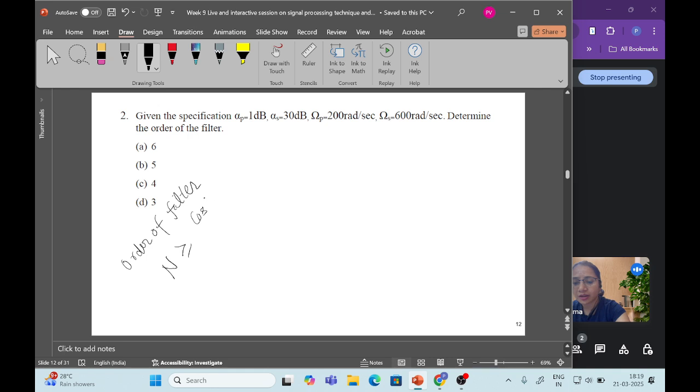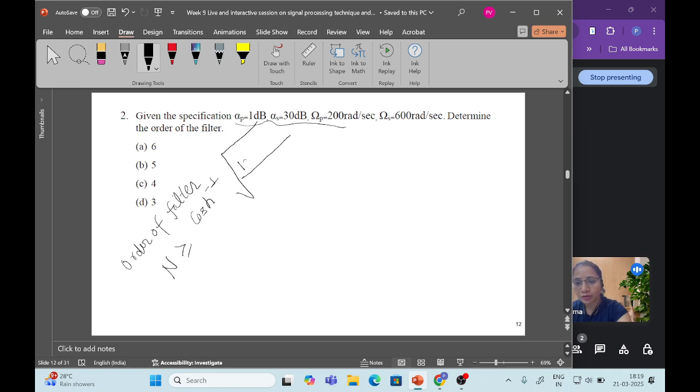Check which values are given, and based on that you have to choose which formula to use. Okay, so here I am using the one for which these values are given.